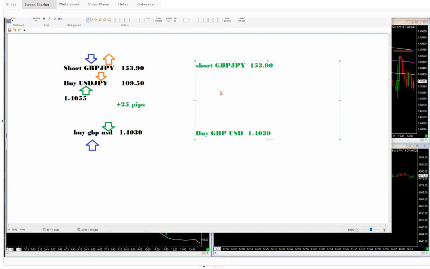Well, now I don't have any pound positions because I've shorted the pound and I've bought sterling against that. And now I'm long the Japanese yen and I'm short dollars. So I'm short dollar yen, isn't it correct? If that's the position I want to be in, then that's what I would be doing if I bought pound dollars at the moment against a short pound yen position. If I bought pound dollars right now, I would initiate a short dollar yen trade.